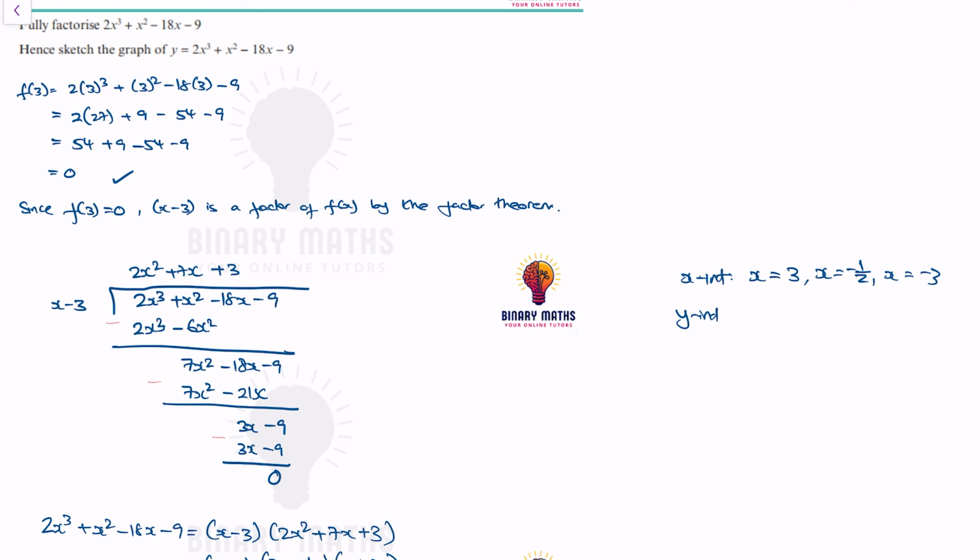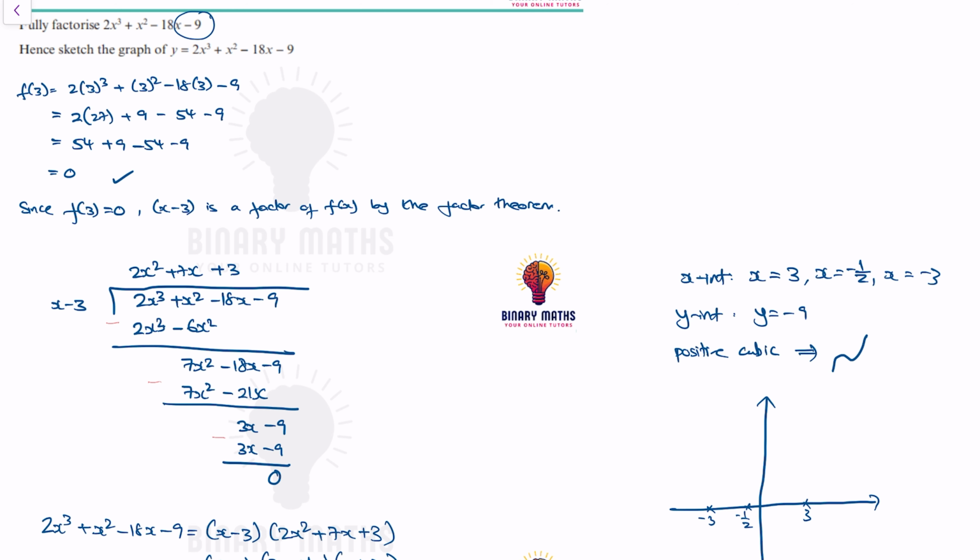My y-intercept, I can read straight away, is the constant, minus 9, so y is equal to minus 9. It's a positive cubic graph because the coefficient in front of x cubed is 2, which means that it looks like so. So now if I sketch it out, my y-intercept is minus 9, my x-intercepts are positive 3, negative 3, and negative a half.